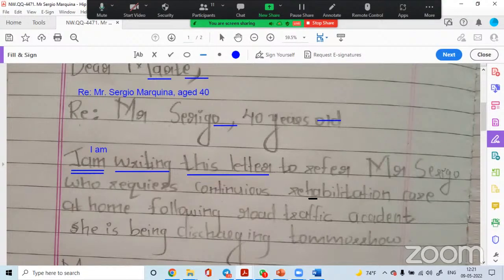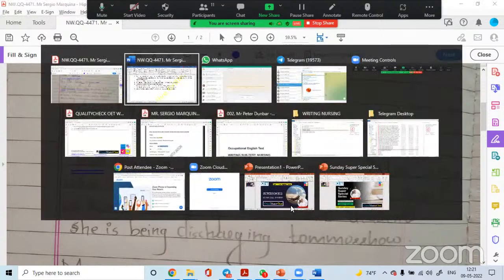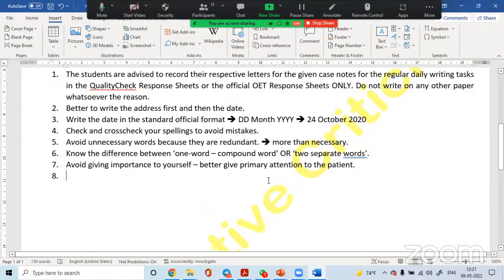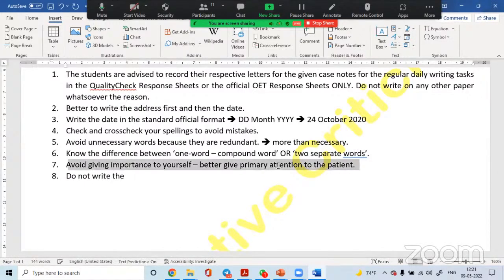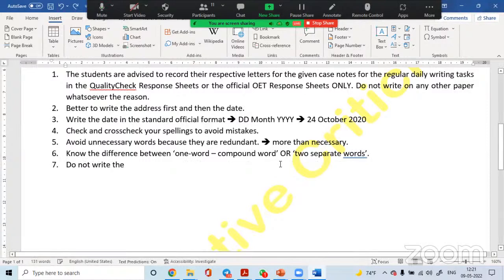Everyone can understand. So do not write those things which others can understand easily.